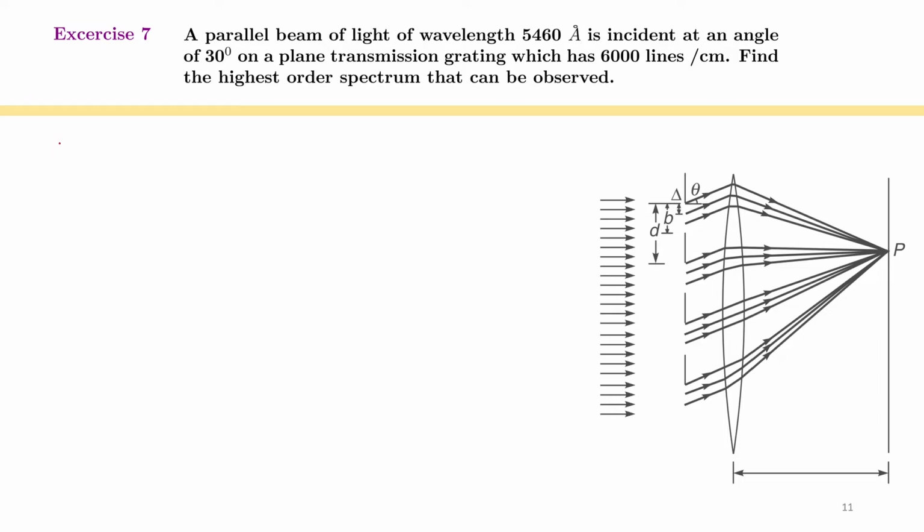In this case, theta is given to be 30 degrees and the wavelength lambda is equal to 5460 angstrom, which is equal to 5460 times 10 raised to minus 10 meter. N is the number of lines per centimeter, and that is 6000 lines per centimeter.